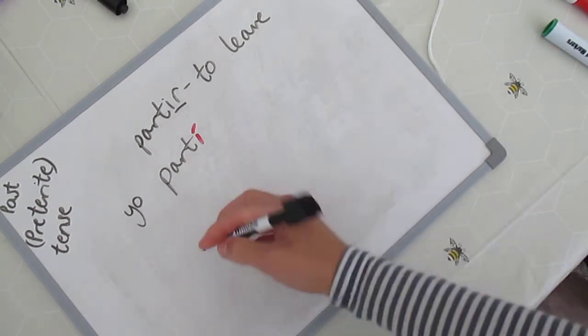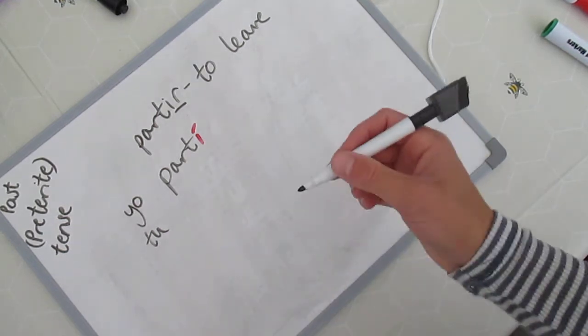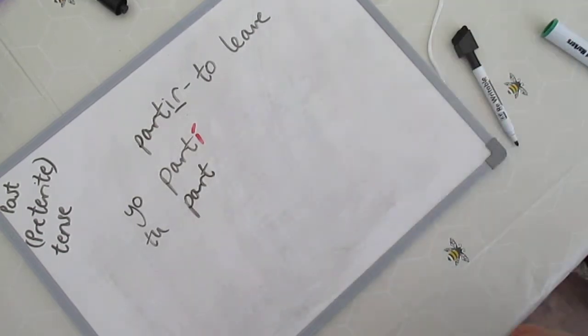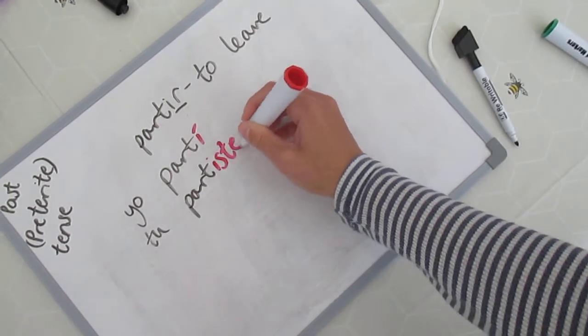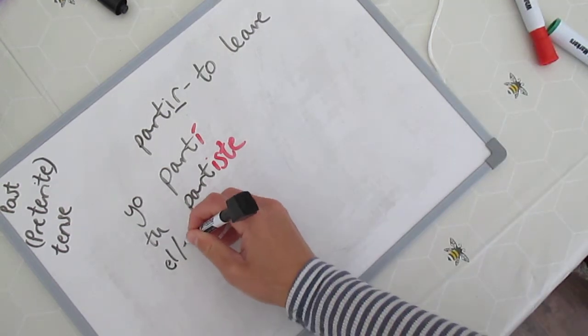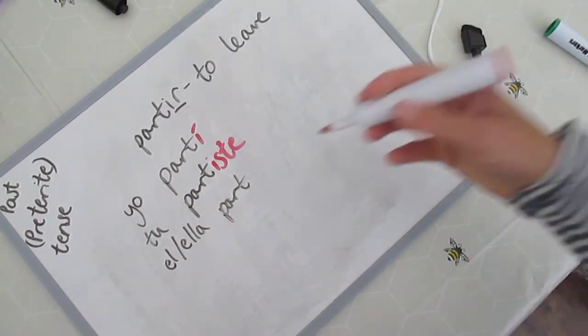So actually, these ones are the same as the ER endings. So I won't talk you through them, I will just do these and you can see that they're the same. That's quite useful, because once you know the endings for the ER verbs, then they're just the same for the IR verbs.